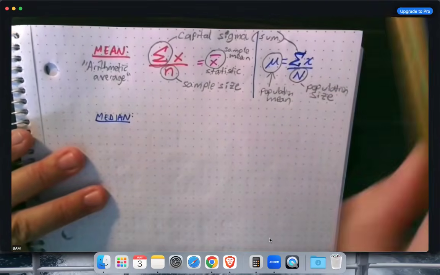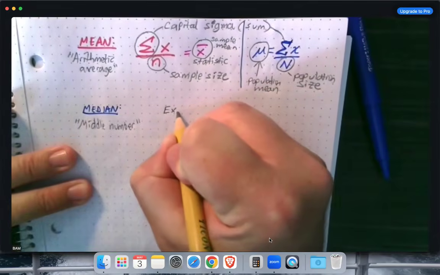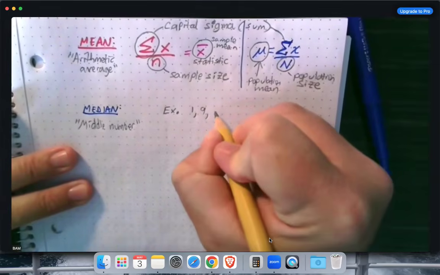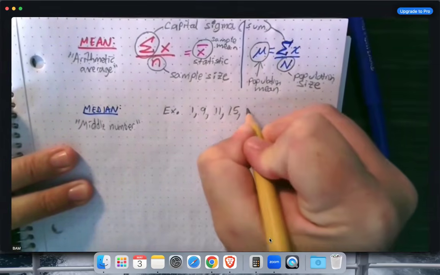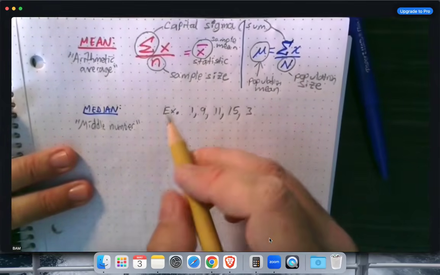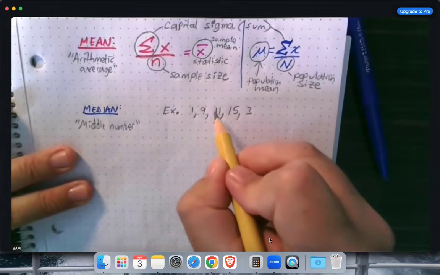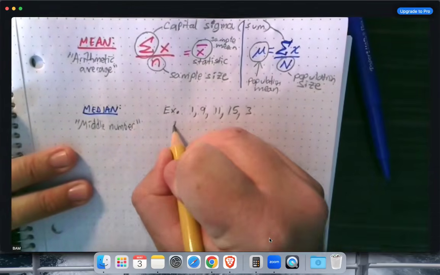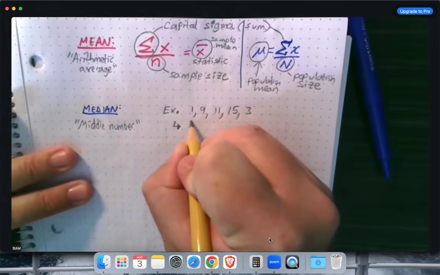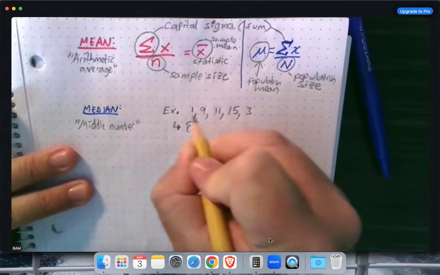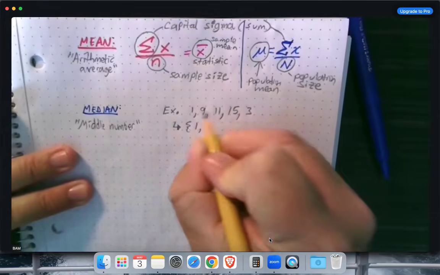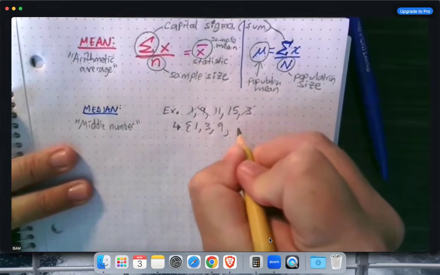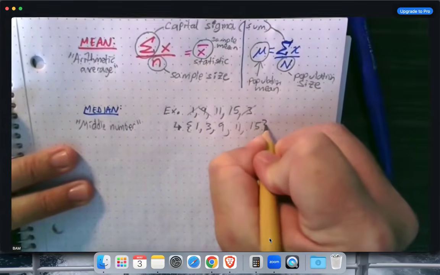Now let's talk about median. Median is basically the middle number. For example, if you have these numbers 1, 9, 11, 15, and 3, you don't necessarily have to pick that middle one, but you need to put it in order first, either increasing or decreasing. 1, 3, 9, 11, and 15.